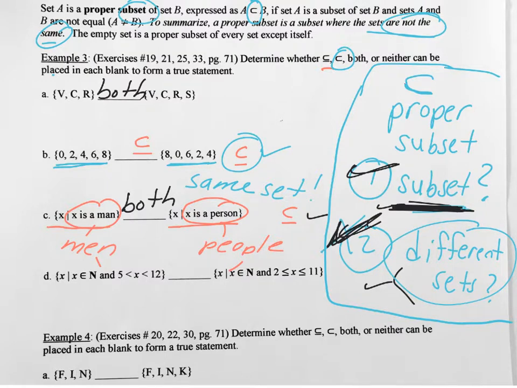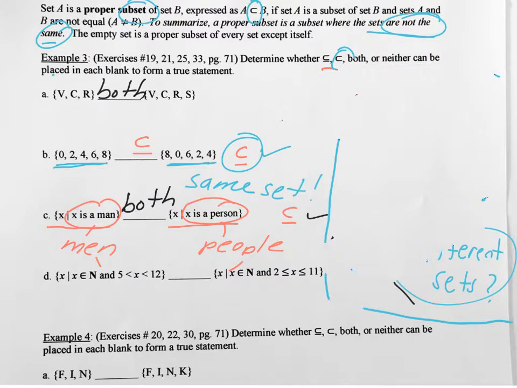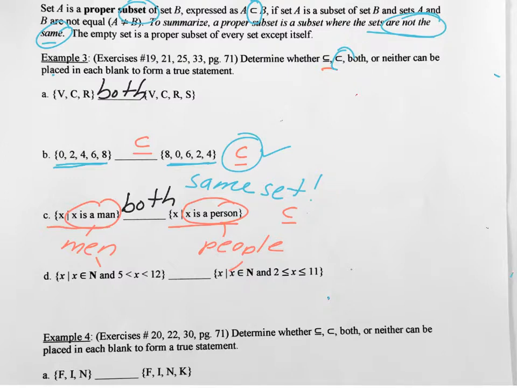Looking at D, let me actually rewrite this criteria. It's getting a little bit messy here. So I'm going to just rewrite this since I have all these check marks and arrows all over the place. So remember, to be a proper, actually let's use a different color.